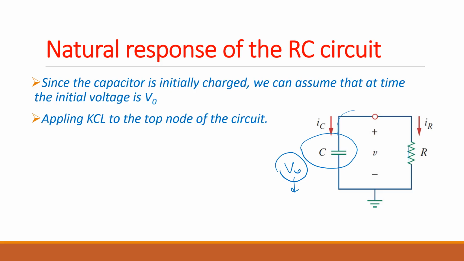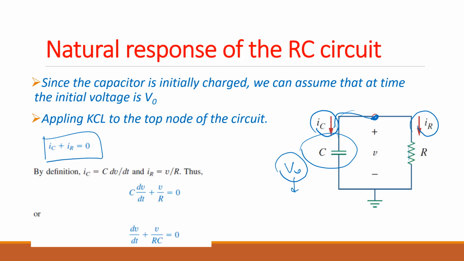So you can apply KCL to this node here. The current going through the capacitor, when you add both the currents as you see, should be 0. You can write these equations, because for a capacitor we have this relationship, and we know I equals V over R. So we can get these equations.